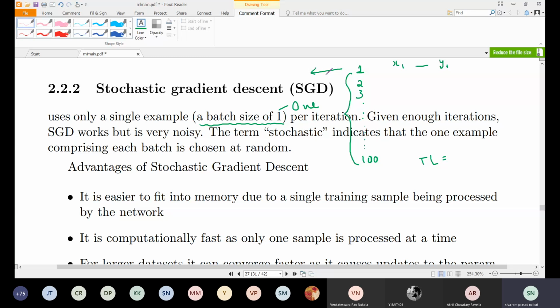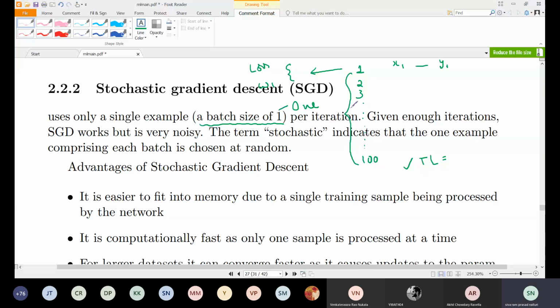We take the first example, calculate the loss and update the weight. Okay. So what is the difference between stochastic gradient descent and batch gradient descent? In case of batch gradient descent, we update the weights only after calculating the loss for all examples in the training set.